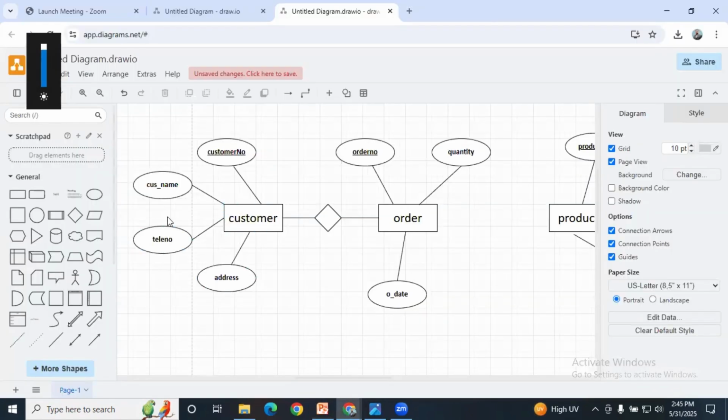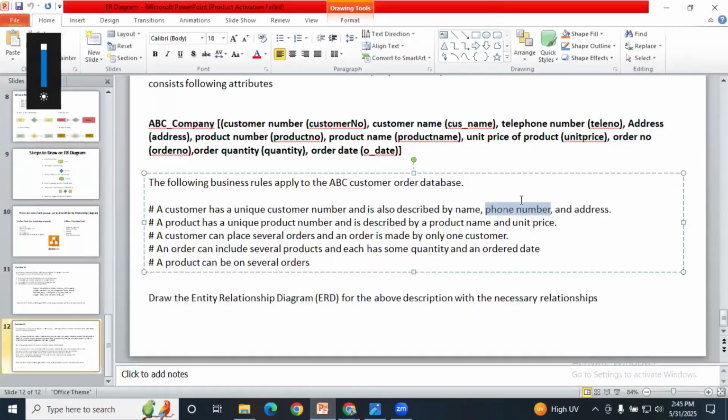They are saying only phone number, only one telephone number, so the customer has only one telephone number.